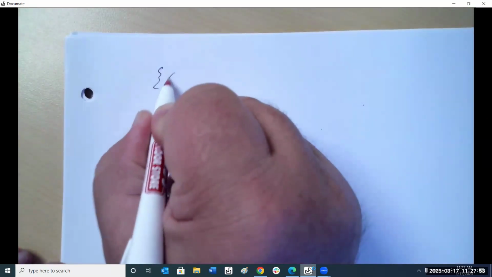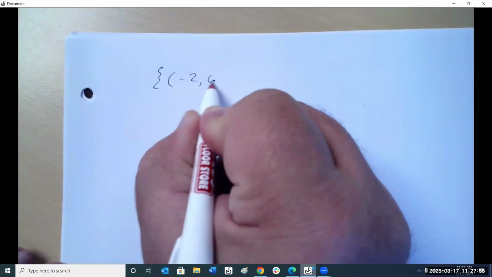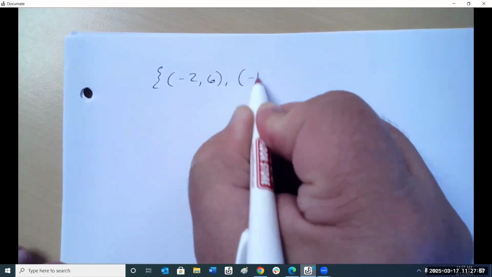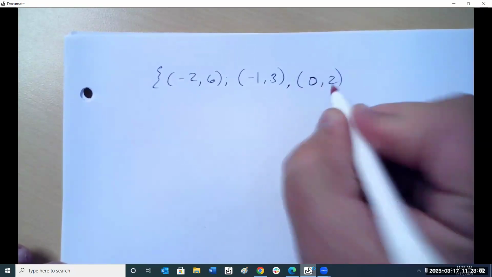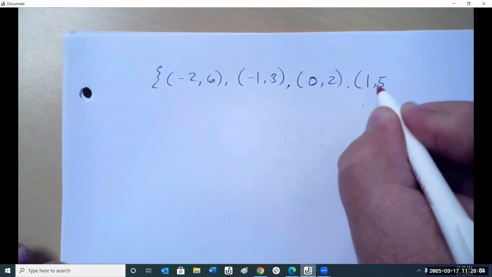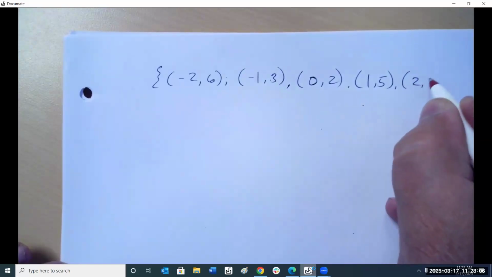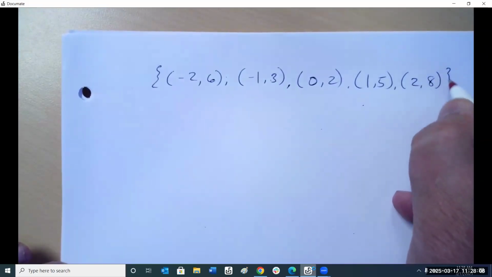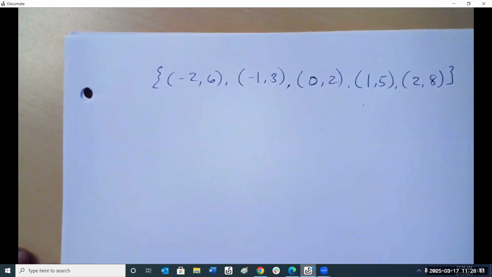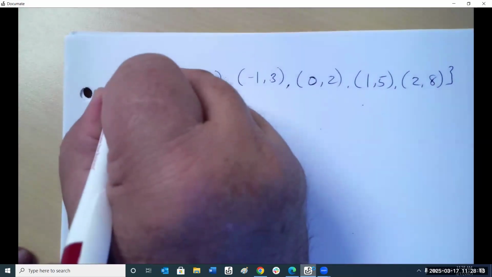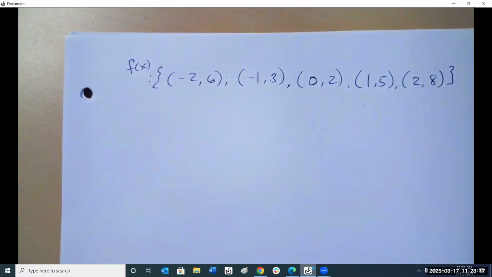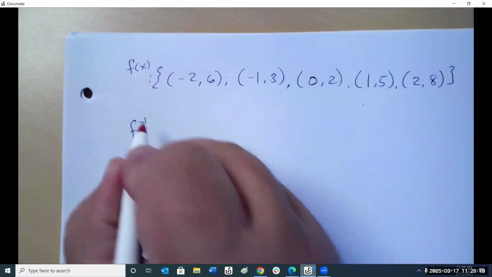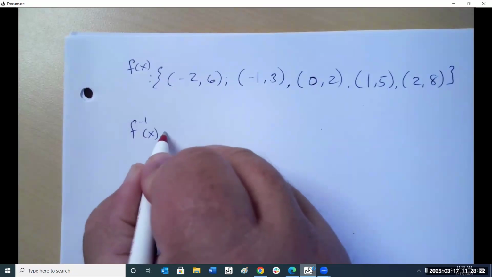The example we had earlier, I gave you these points: (-2, 6), (-1, 3), (0, 2), (1, 5), (2, 8). These are the points of my function, f of x. What would be the corresponding points to my inverse function?